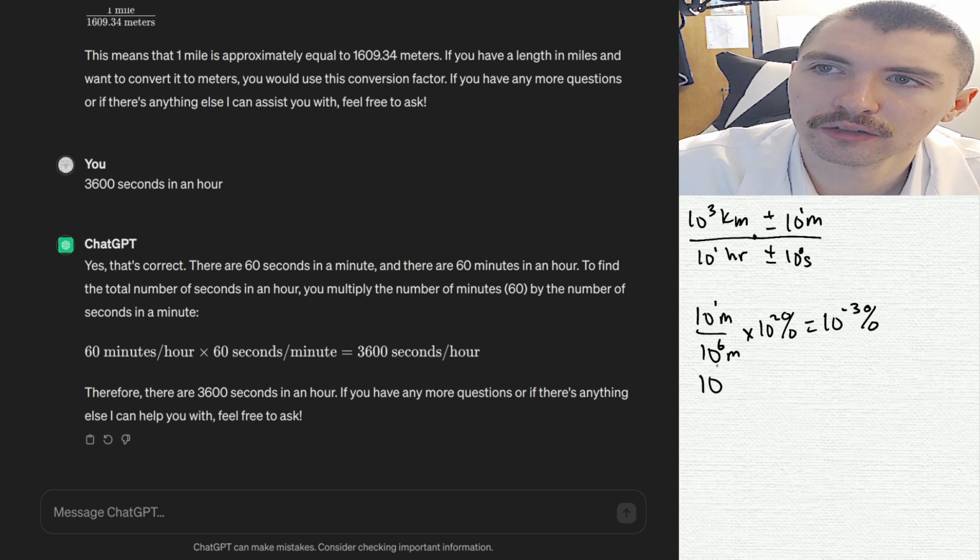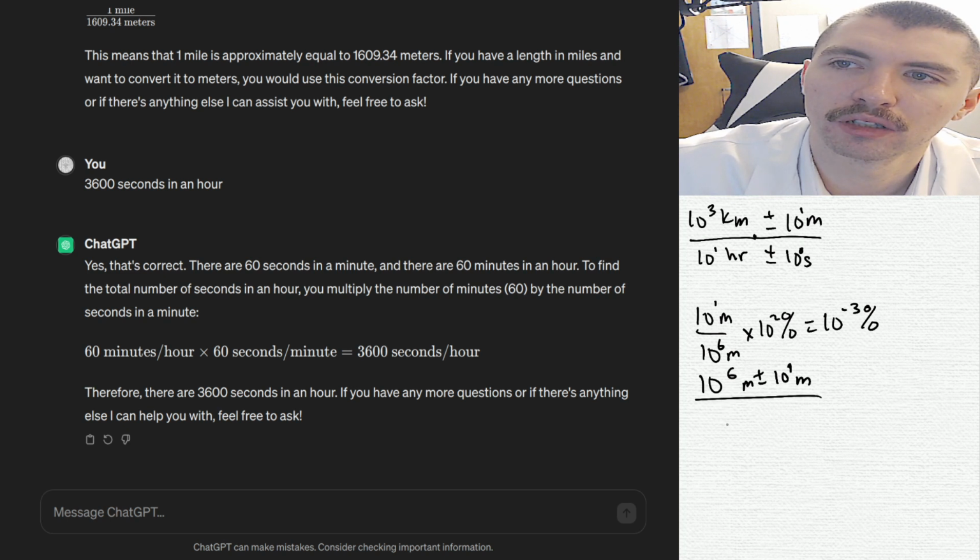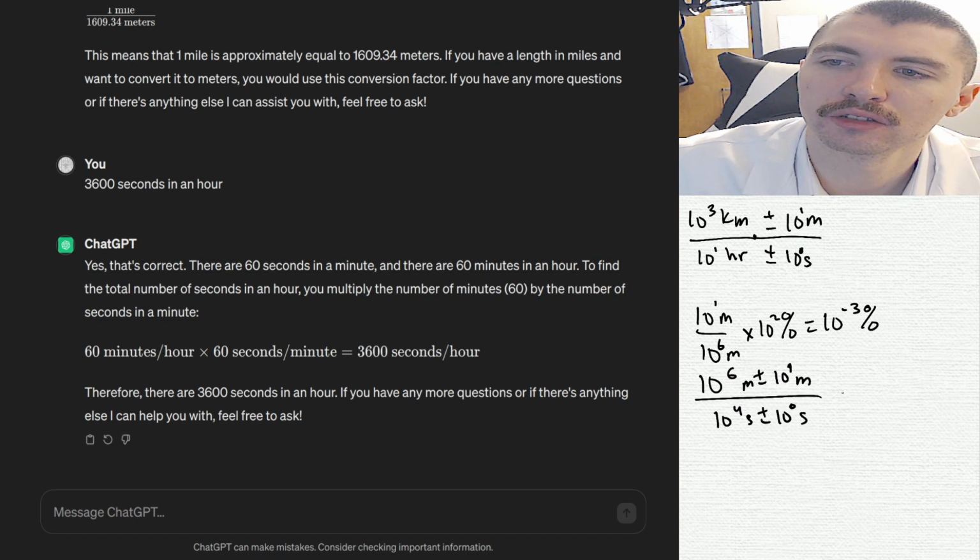So 10 to the 6 meters divided by 10 to the 4 seconds plus minus 10 to the 0 seconds is about 10 to the 2 meters plus minus 10 to the 1 meters per second.